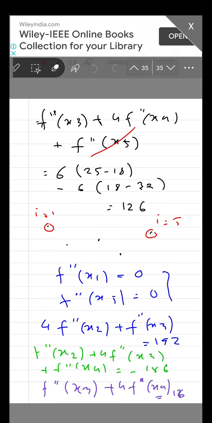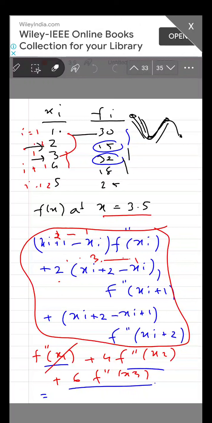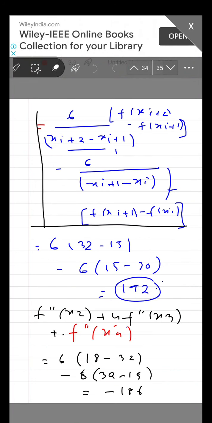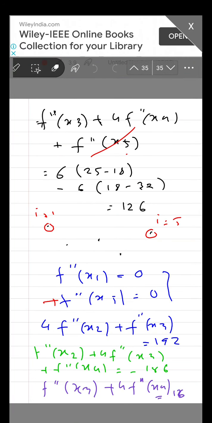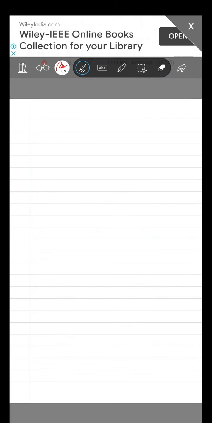So we have removed f double differentiation x5 this condition, and we have removed double differentiation x1. So we come with these three equations: equation number 1, equation number 2, equation number 3, and by solving these three equations we obtain the following values.